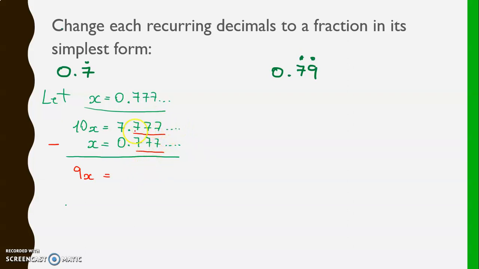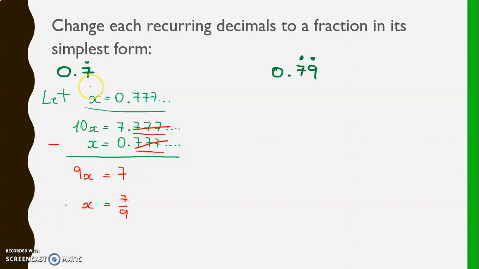So eventually you will end up with a whole number, 7, because these digits are the same, everything after the decimal point will just end up being 0. So you have that 9x is equal to 7, and therefore x equals 7 over 9.